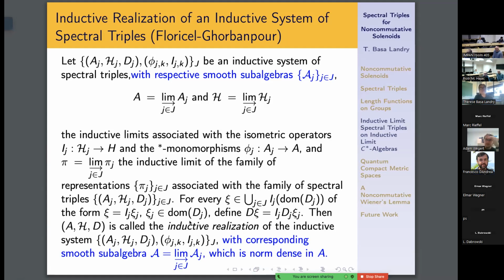The inductive limit C-star algebra and the limit Dirac operator might fail one of the conditions for a spectral triple. It might fail the denseness condition, or it might fail the compact resolvent condition. They identify conditions under which this inductive realization is also a spectral triple.